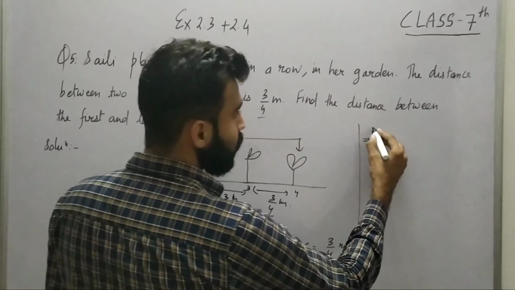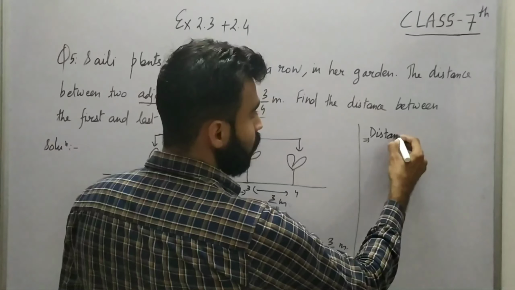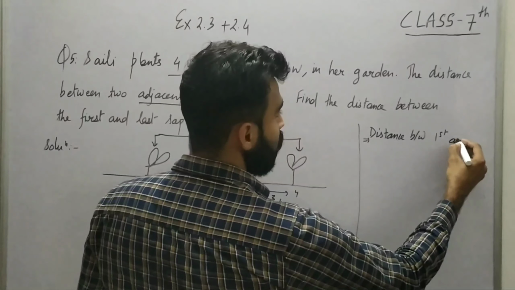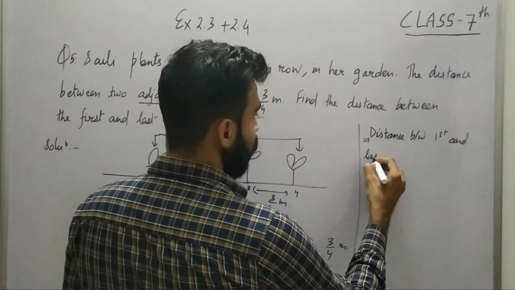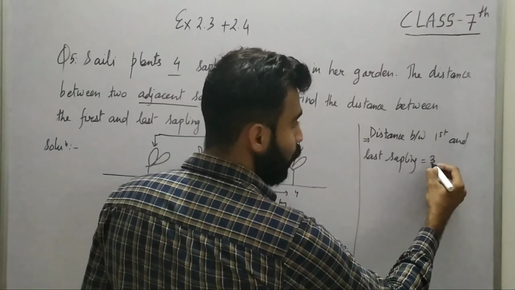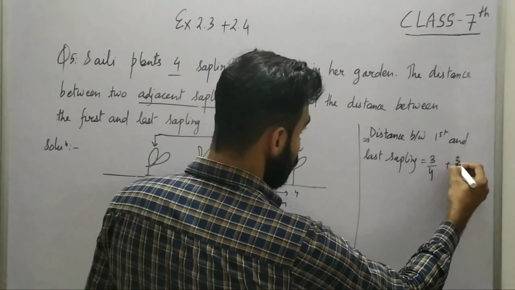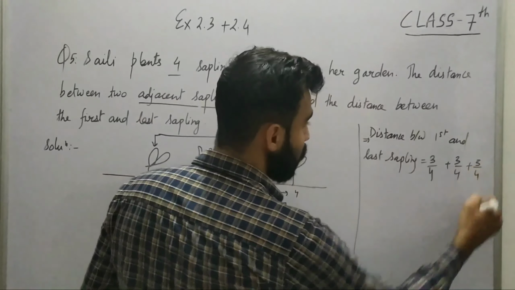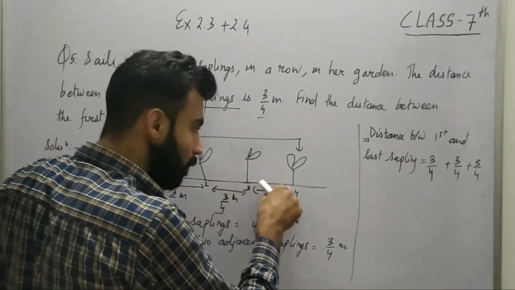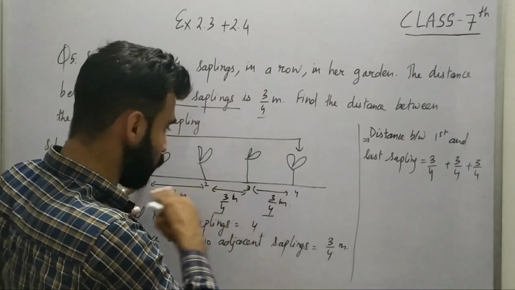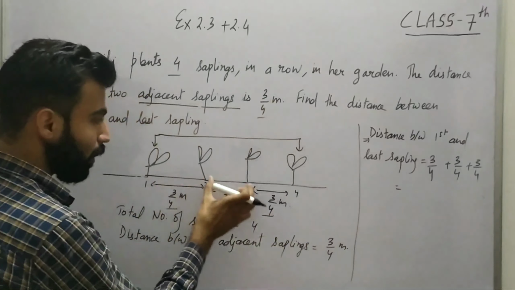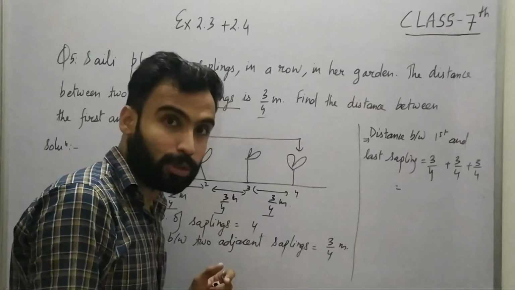So we have to count out the distance between first and last sapling is equal to, now you can simply add these values like 3/4 plus 3/4 plus 3/4. Starting from here, the distance is 3/4 plus 3/4 plus 3/4. Then you will reach the last sapling. So we have to simply add the amount of distance between each sapling to reach the last one, right?